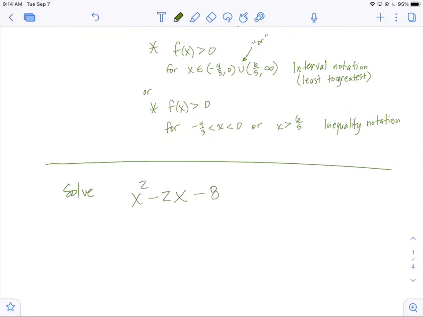I want you to tell me where is that less than or equal to 0. Okay. Step 1, you're going to factor this quadratic so that you can find the x-intercepts. Then you're going to quickly sketch a graph so that you can determine if it opens up or down and where those x-intercepts are in relation to that. And then you're going to answer the question.